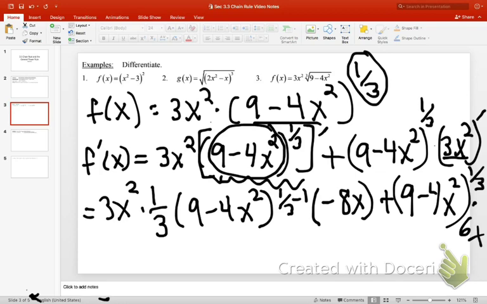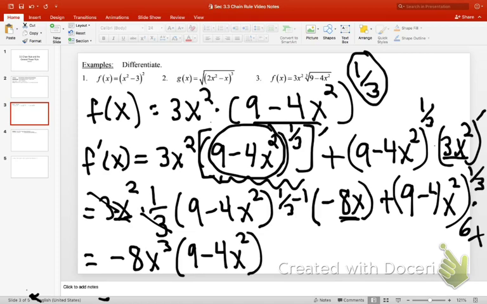All right, let's see what we can do to simplify this a little bit. These 3's can cancel, and we have our negative 8x here times x squared. That will give us a negative 8x cubed times (9 minus 4x squared) to the negative 2/3.